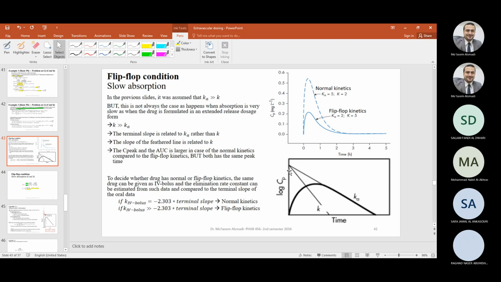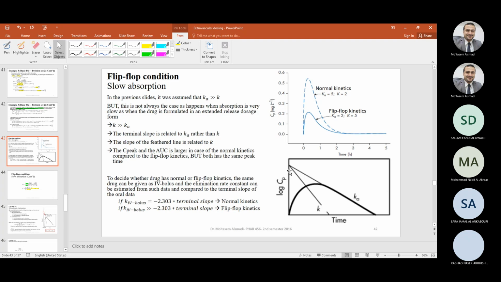Now you have IV data. From that you get the K. Then you compare that K to the terminal slope K. If it's the same, that means you have normal kinetics. But if it's higher, that means that you have flip-flop kinetics, because we said that the residual line has a higher slope compared with the terminal phase.